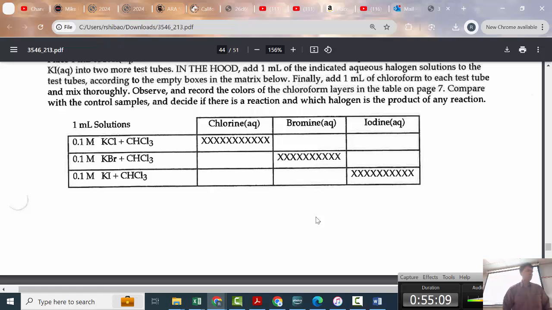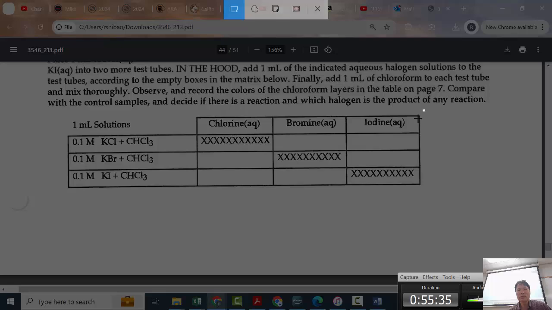And so let me try to draw it out, what we're trying to do here with these reactions. CHCl3 is called chloroform. And chloroform is like oil, but unlike oil, it sinks. Chloroform is very dense. It has those heavy chlorines on there. And so it sinks in water. And we're just going to put a drop or two of chloroform.